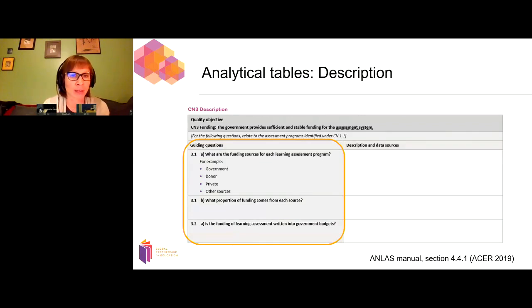What proportion of funding comes from each source? And is the funding of learning assessment written into government budgets? So these are some of the more detailed guiding questions that support the analysis of each of the dimensions provided within ANLAS. Next, please.